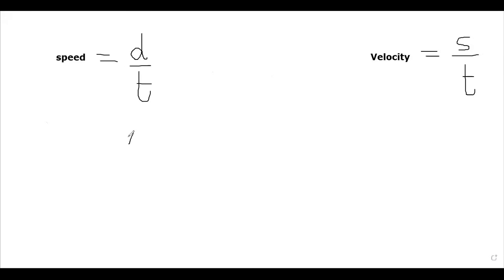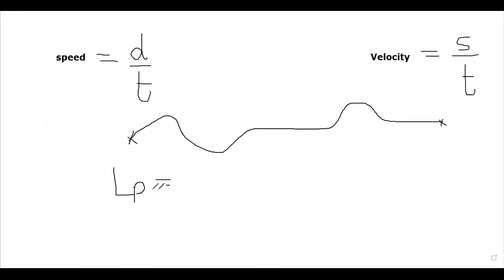so let's say I have a car that just moved in this path like this, and I told you that the length of the path is 200 meters, while the length of a straight line is equal to about 160 meters.